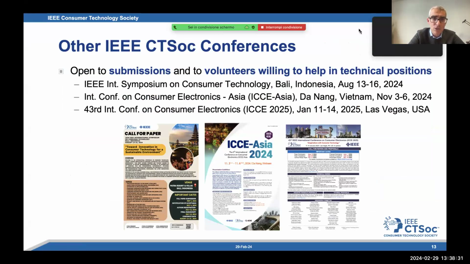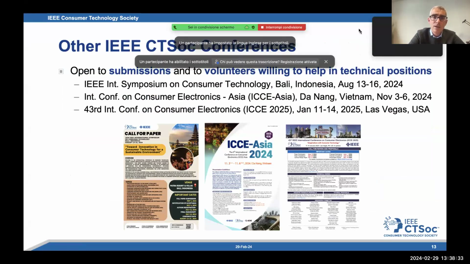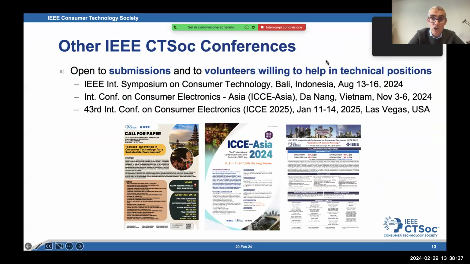And the flagship conference in Las Vegas, ICCE 2025, which will be held in January next year. So here you have the calls for papers, but please go on the website and check. Also please note that we will soon open a call for volunteers willing to help in the technical positions of these conferences.